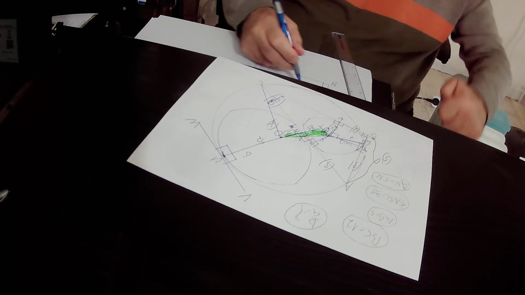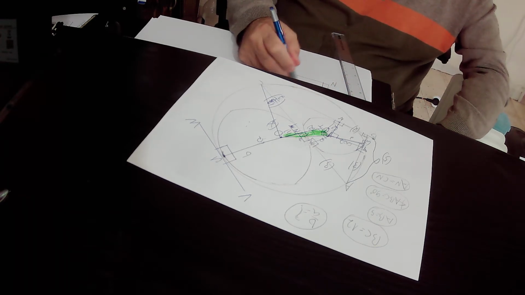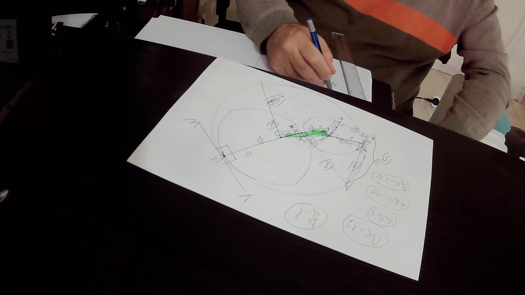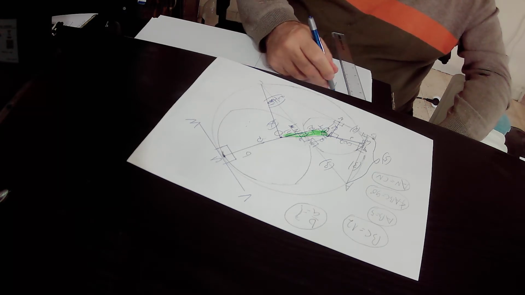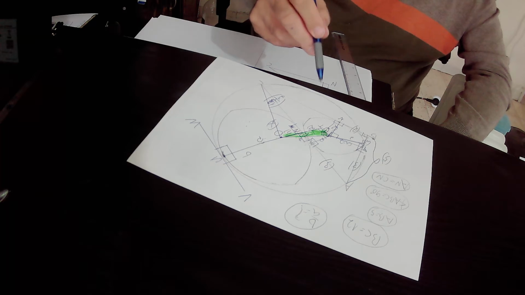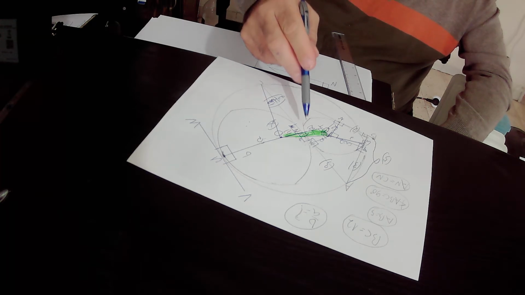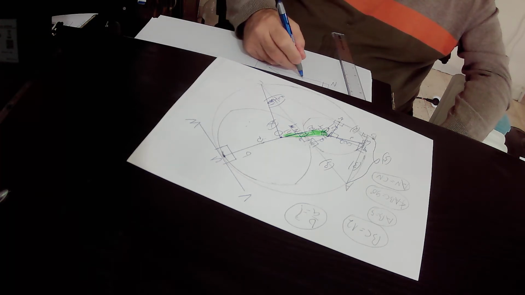OC is the radius of the biggest circle, that is equal to x, ON equals h according to our definition, and NC equals 13 over 2.